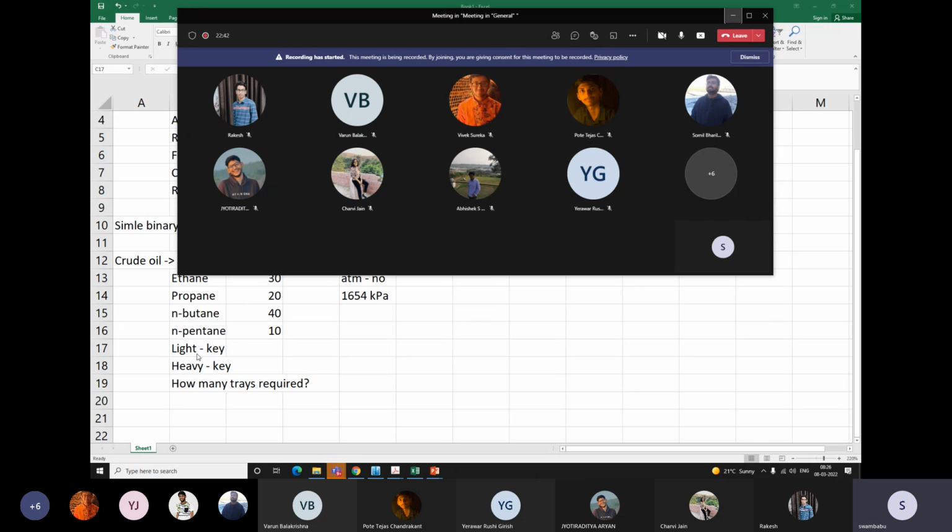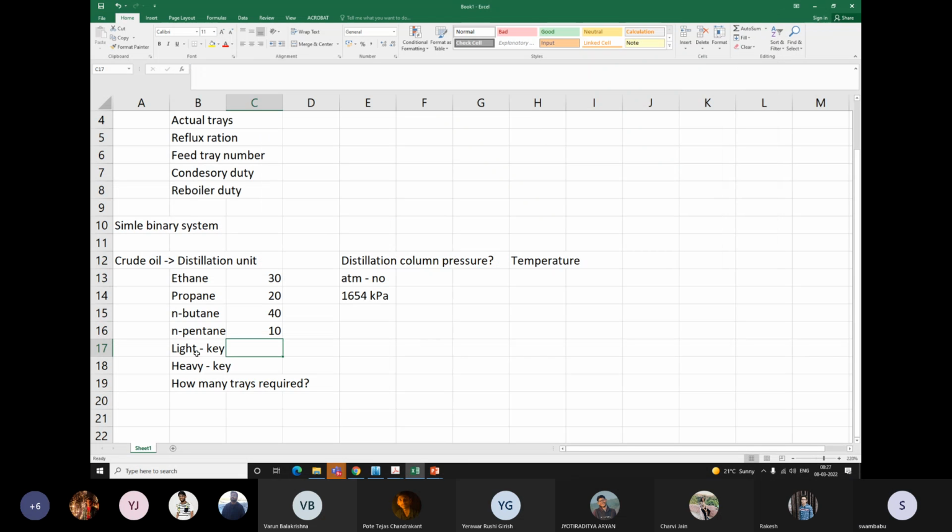Anyone remember what is light key and heavy key? Light components refer to lower boiling points, and heavy key refers to higher boiling points.